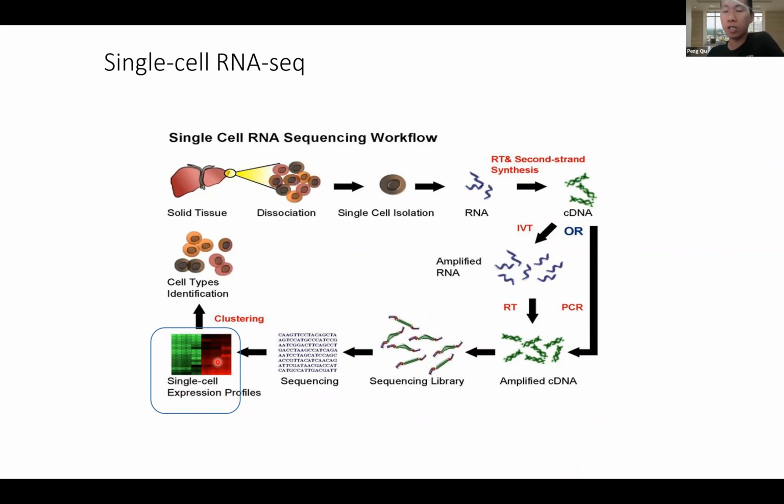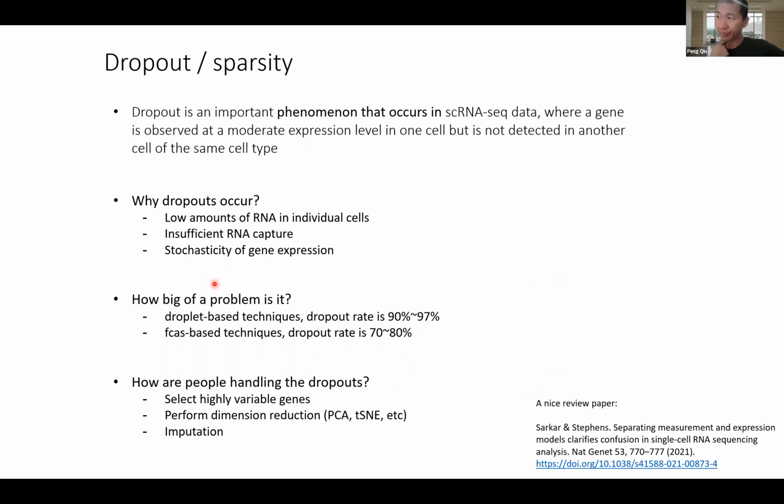So in the literature, there actually have been a series of papers developing computational algorithms to impute these zeros so that hopefully the quality of the data will become better and the subsequent analysis will become easier. That's the hope of these imputation algorithms.